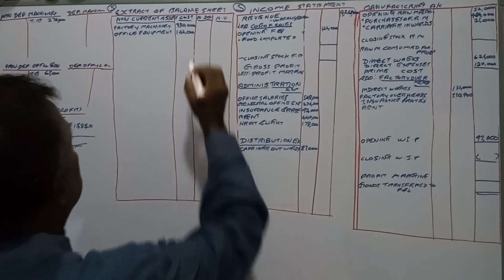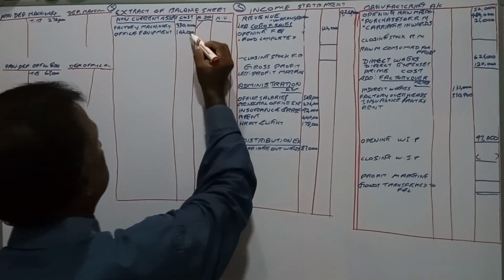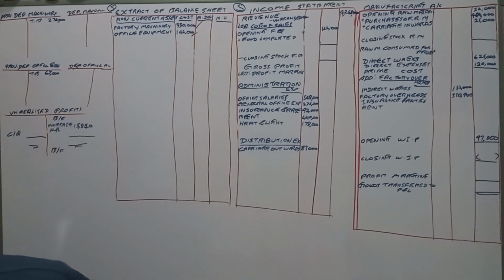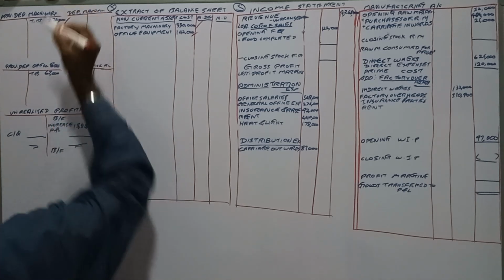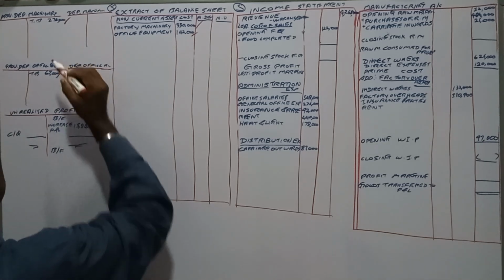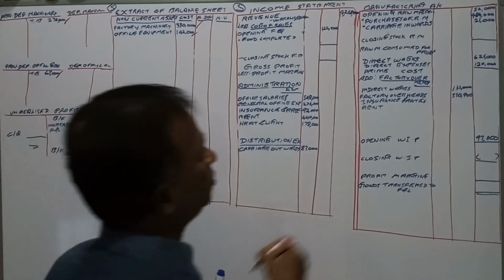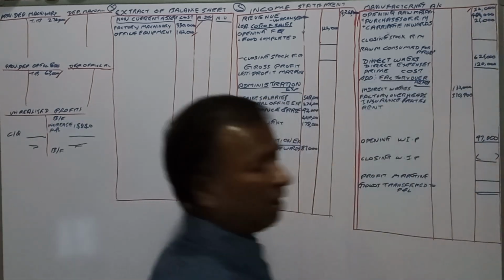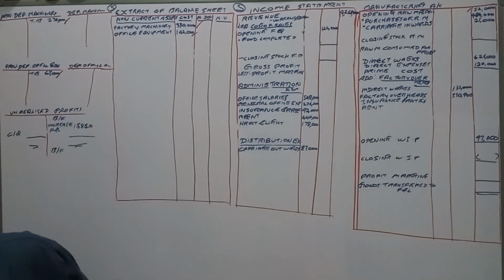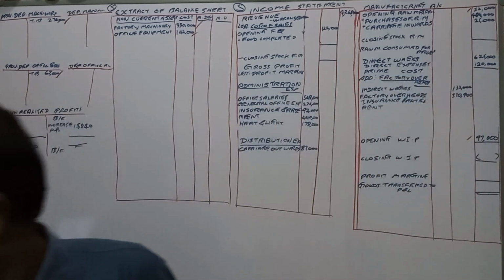Factory machinery cost 330,000 we have taken, and 142,000 is for the office equipment, and provision for depreciation 276,000 for machinery, and for the office equipment 67,000 they have taken. And inventory as at the 1st of January, opening inventory: raw material 52,000 taken, and work in progress 97,000 we have taken.